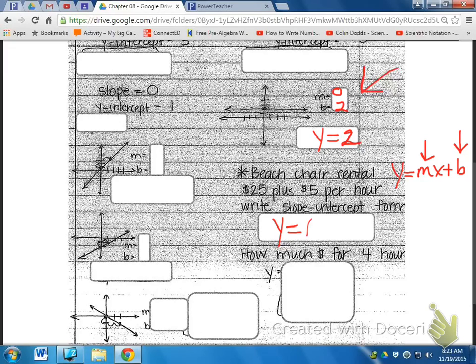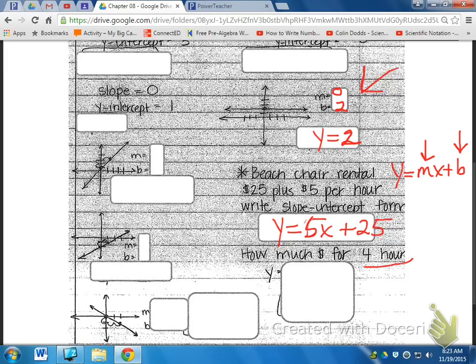So it's going to be 5x, and then the constant amount is the 25. So you're going to pay the 25 no matter how long you have the chair, and then $5 per hour. So y equals 5x plus 25 is an equation you can use to rent the beach chair.